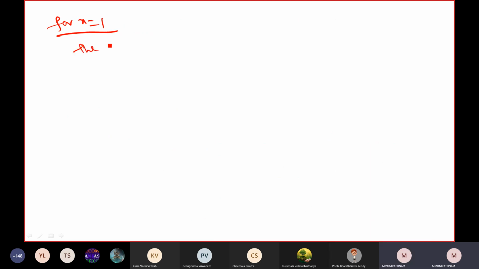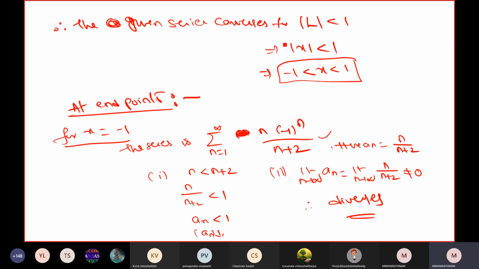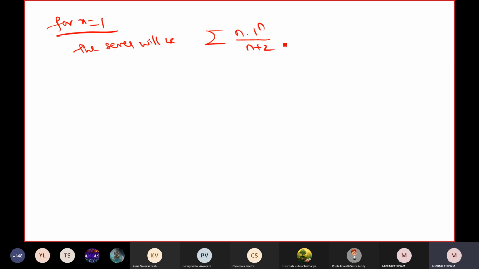So the series will be summation n into minus 1 power n by n plus 2. So then how much will it be? Summation n by n plus 2. Is it convergent or divergent? Anyone?